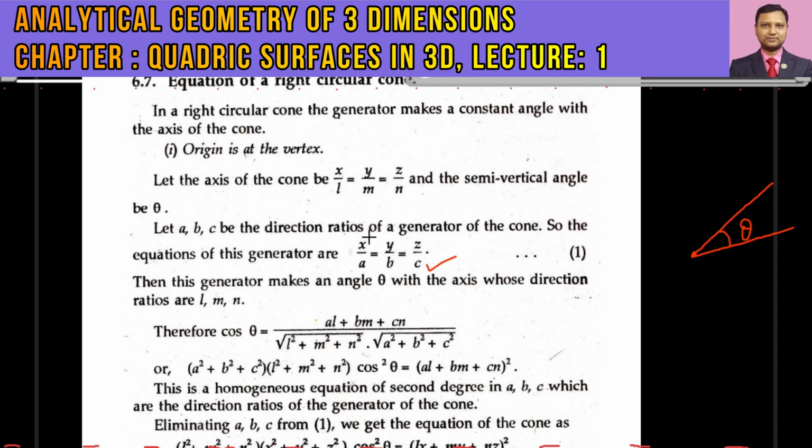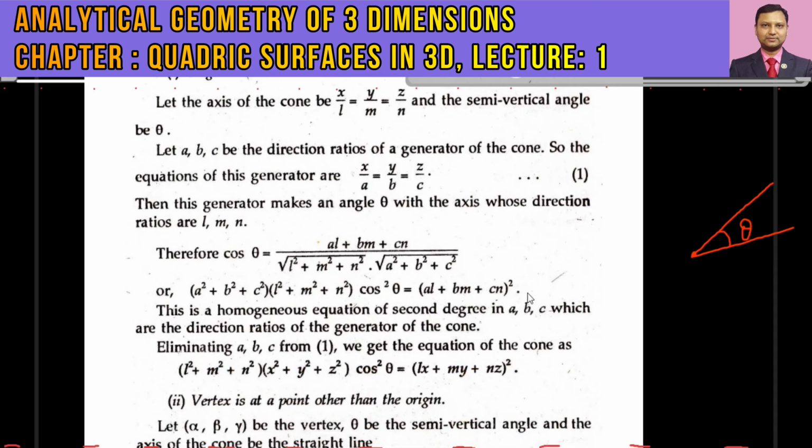So a should be replaced by x, b should be replaced by y, c should be replaced by z. Eliminating a, b, and c, we get this type of expression, and this is the equation of the given cone after elimination of the direction ratios a, b, and c of the generator.